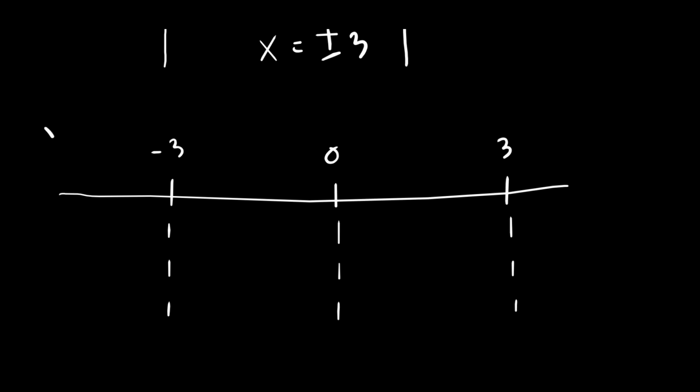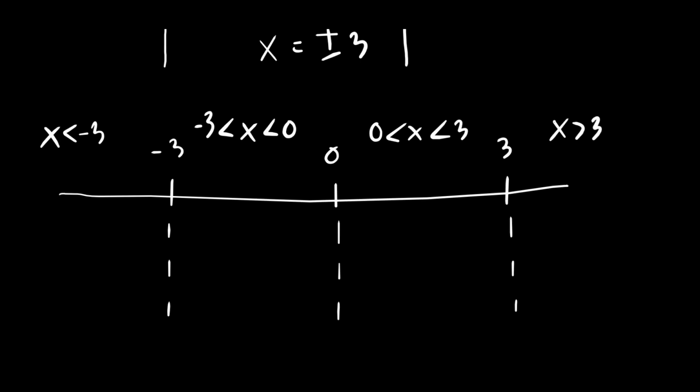So this is x is less than negative 3. This is x is greater than negative 3 but less than 0. This is x is greater than 0 but less than 3. And this is also x is greater than 3.